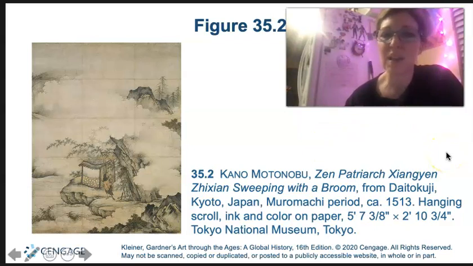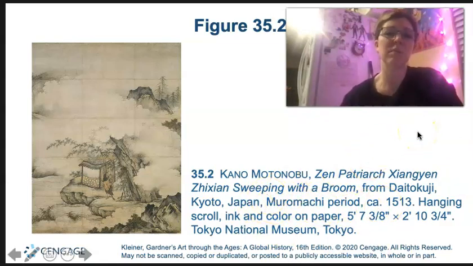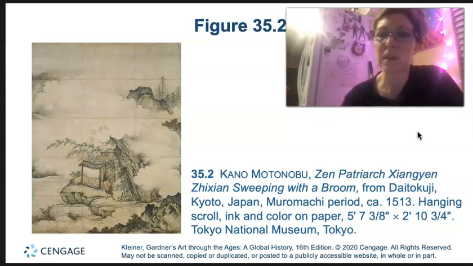So Kano Motonobu Zen, forgive me if that sounded disrespectful. I wasn't trying to be. The rise of the Ashikaga clan in the 14th century introduces the art historical period, the Muromachi. So Muromachi, in Europe or the States, would be like an art movement, the equivalent of an art movement. And they call it an art historical period. So period.